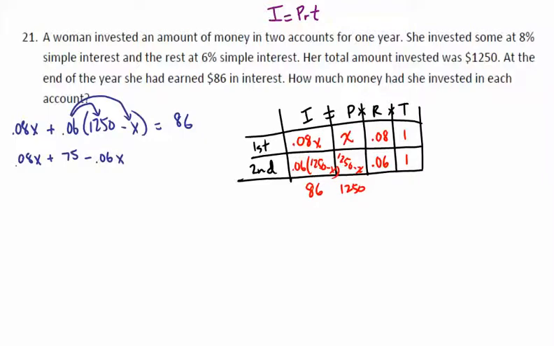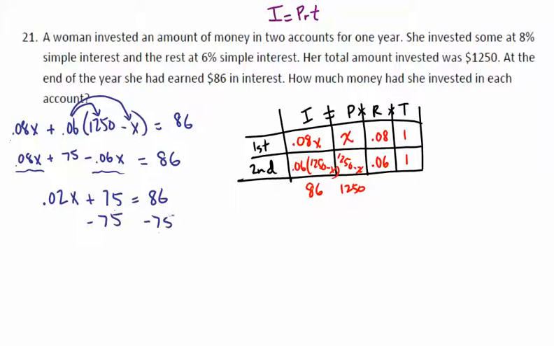That should do it for the left side. Right side is simply 86. Now we combine our 2 X terms on the left. 0.08 minus 0.06 is 0.02X plus 75 equals 86.